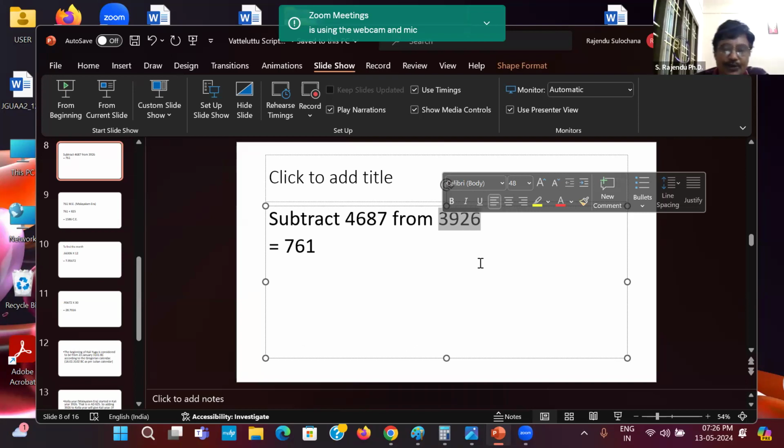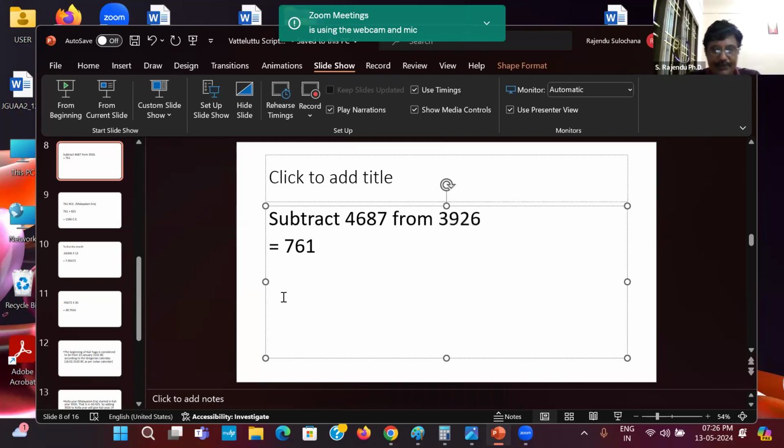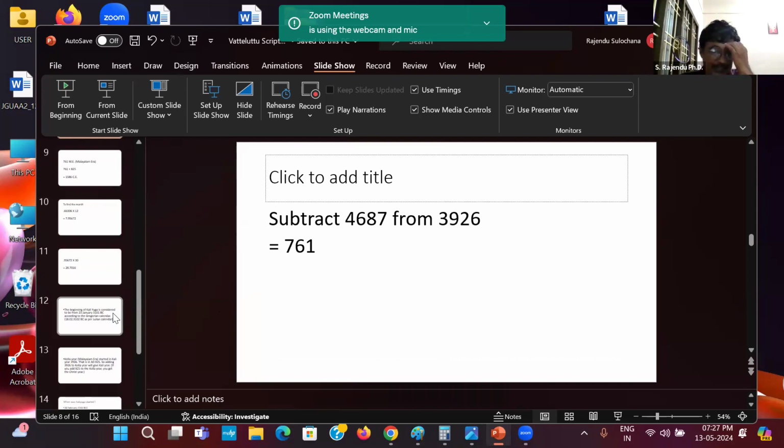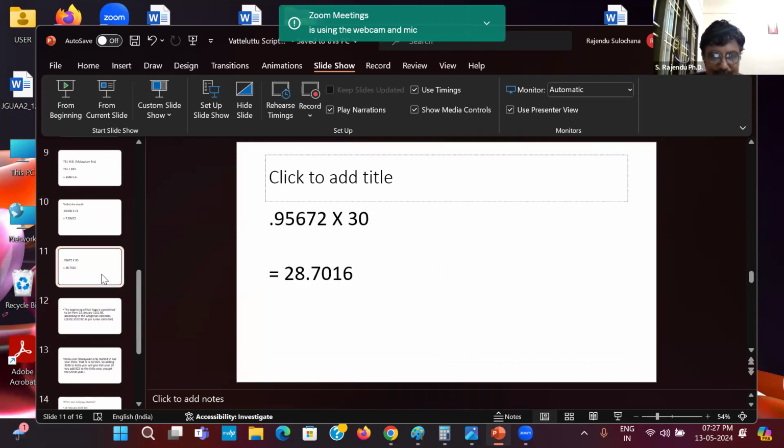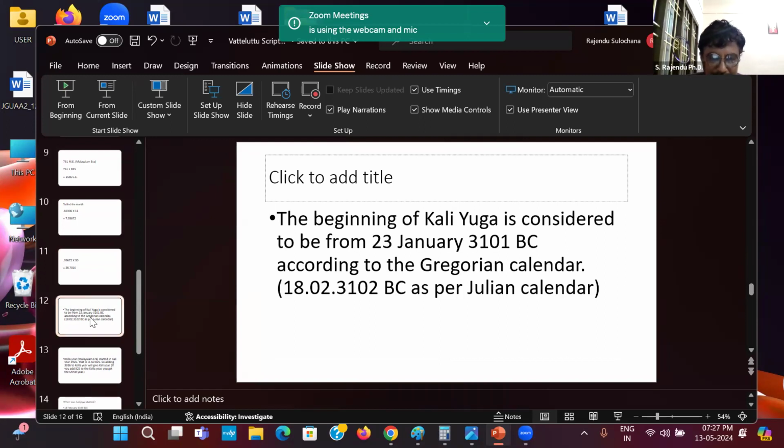Keep it and write it in your notebook. We can find the answer to that. Wait, we want to complete this one first. More examples we can give as homework, and tomorrow we can discuss that. Okay, it's nice. If you have more words like that, we can find them.